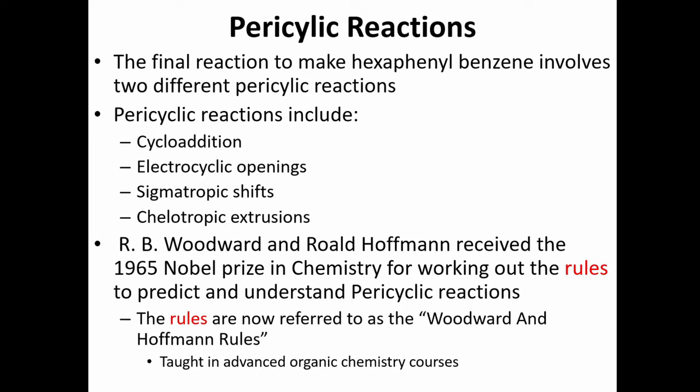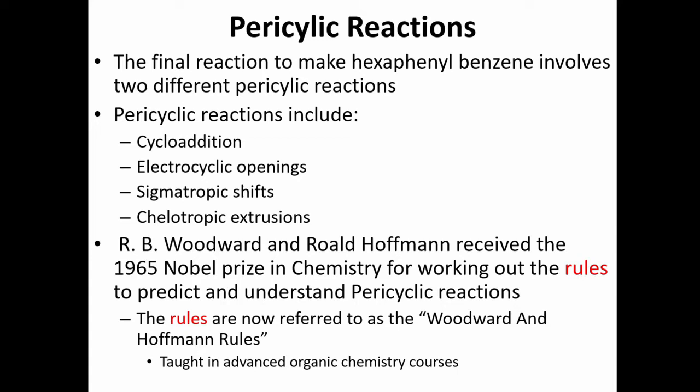So in the reaction to make hexaphenylbenzene, we are going to be utilizing 2 different pericyclic reactions. Pericyclic reactions are a type of reaction where the transition state has some kind of cyclic geometry. They can be either cycloadditions, electrocyclic openings, sigmatropic shifts, or chelotropic extrusions.